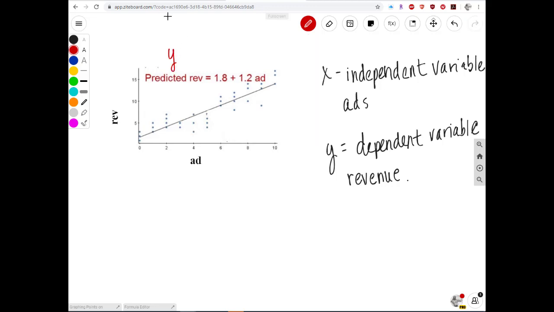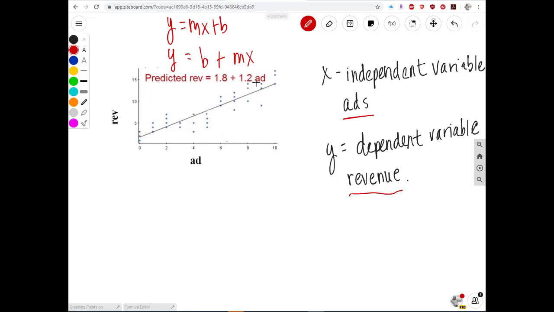Usually we see y equals mx plus b, but in stats, they love to mix it up, and so they usually post it as b plus mx. Okay, so what have they done here? Here, instead of x, they wrote ads, and here, instead of y, they wrote revenue. Okay, predicted revenue.